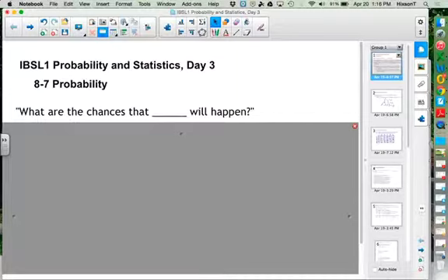But basically when we're talking about probabilities, we're trying to answer the question of what are the chances that something is going to happen? Okay? What are the chances that whatever we're talking about is going to happen? Now, probabilities are used in a lot of different circumstances. They're used in calculating insurance costs. They're used in athletics.